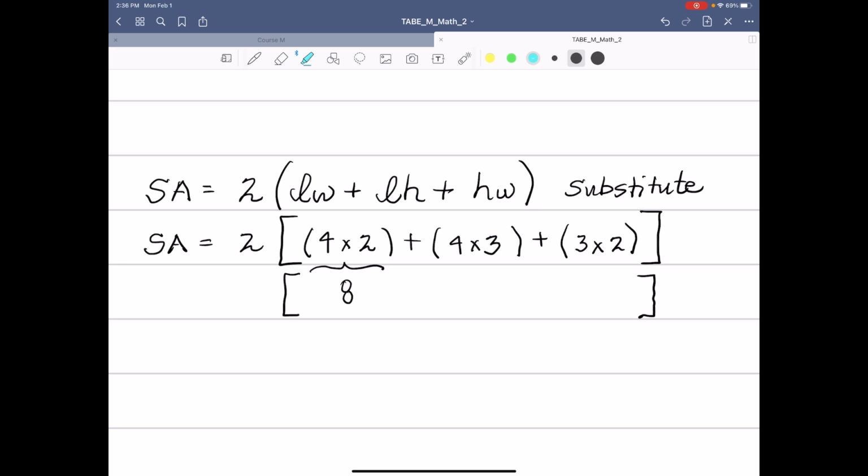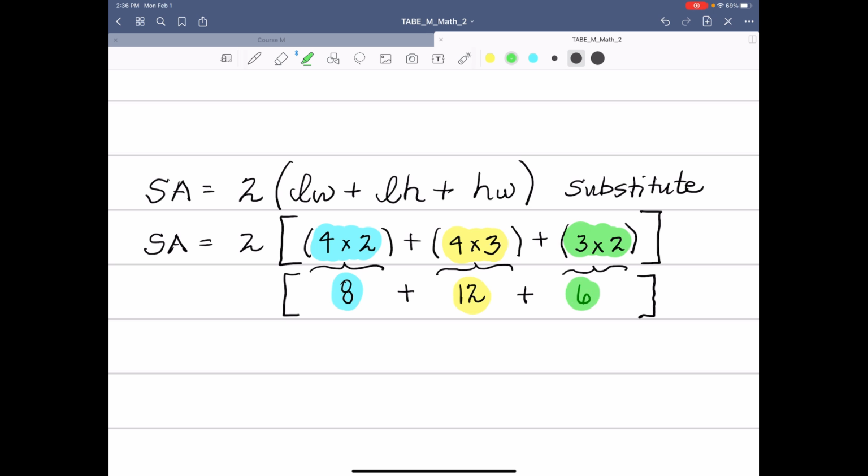And I'll tell you what, let me color code. 4 times 2 is 8. And then I have 4 times 3. You can do that. 4 times 3 is 12. Plus 3 times 2 is 6.